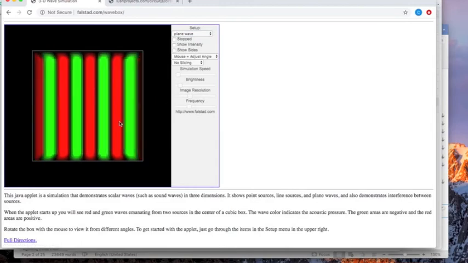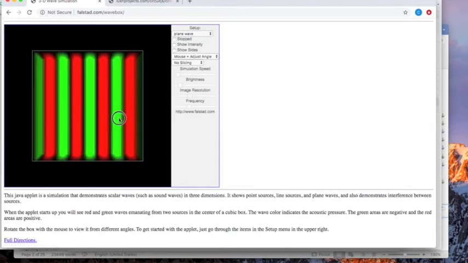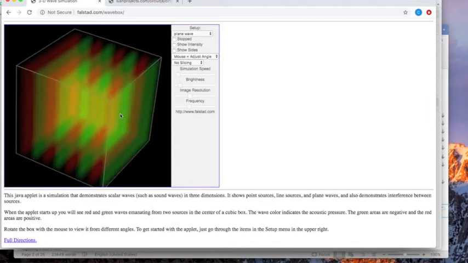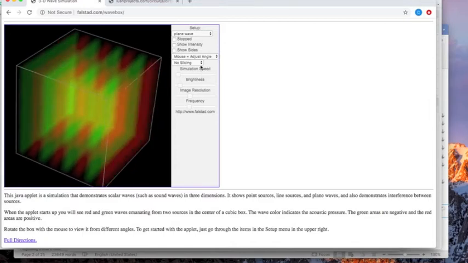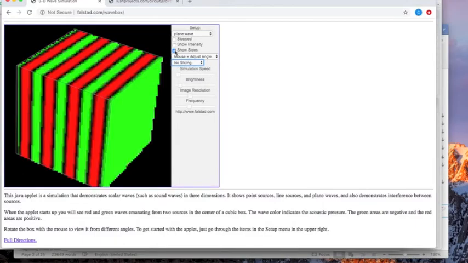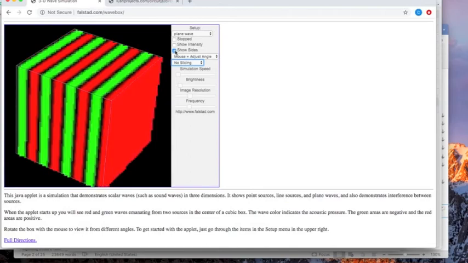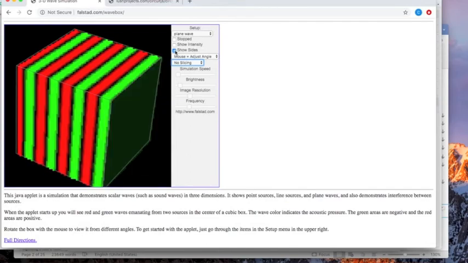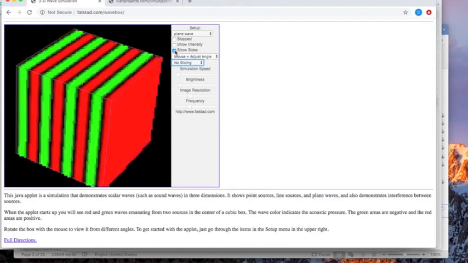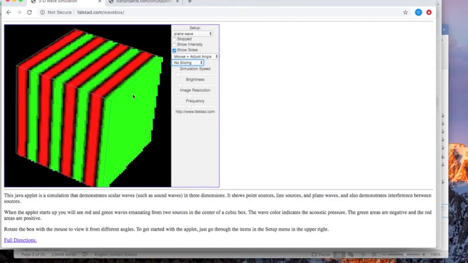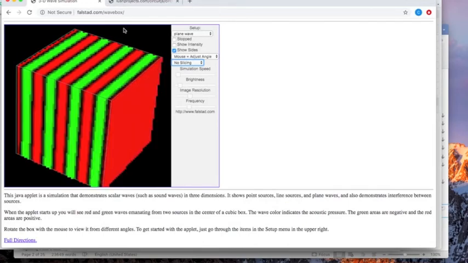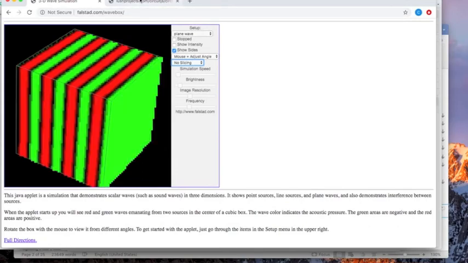So we think of plane waves as sort of these sheets of electric field and magnetic field. And so here the green and red are supposed to represent positive and negative sheets of electric field propagating through space. Hopefully that gives you a little bit of a better visualization. And if you want to play with some of the different simulations, he's got hundreds on here.